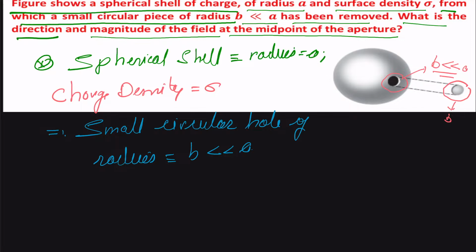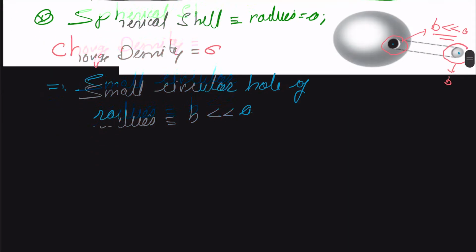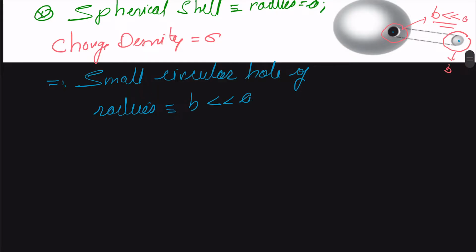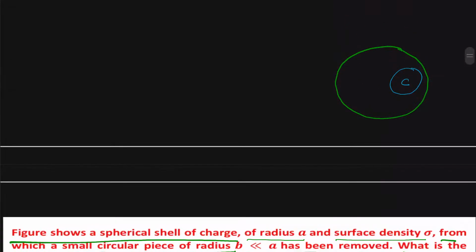Okay, so we are interested in the midpoint of the aperture here, or we can say this portion, the midpoint of this aperture. And like I said, if you want to solve this type of question, suppose we are having a uniform charge density rho, so this cavity is going to have a uniform density of minus rho, and in order to solve this type of question we always use superposition.